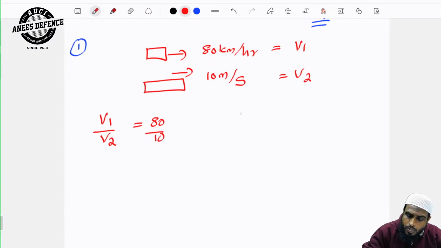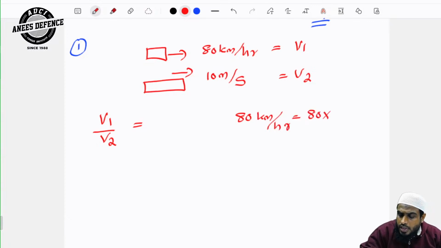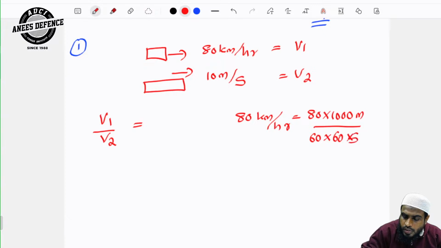So how to convert kilometer per hour into meter per second? 80 kilometer per hour. 1 kilometer is how much? 1000 meter. 1 hour is 60 into 60 seconds, because 1 hour is 60 minutes, 1 minute is 60 seconds.